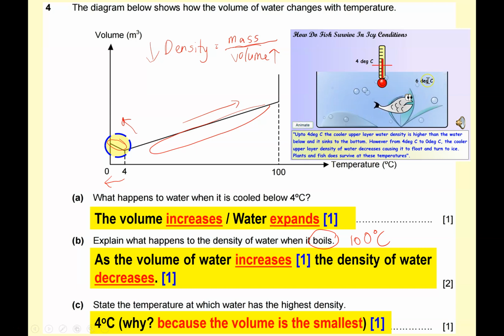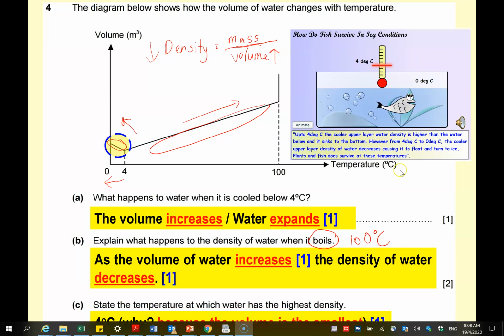During winter, when the temperatures cool to 4 degrees Celsius, the water will decrease in volume, so making the density greater. So the colder water will actually sink to the bottom. However, when the temperatures drop down to zero, you can see that the water will expand and making the density decrease.